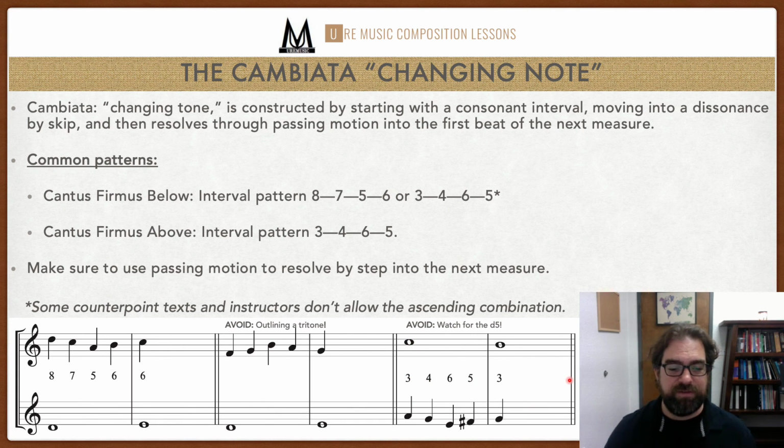So again, this is an example of, all the intervals work out through generic intervals, but this fifth is actually a diminished fifth. So we can't use it because what happens here is the 3 goes into a 4, which is a dissonance, and then the 4 would resolve into another dissonance. Again, you can't do that. So we want to avoid that.